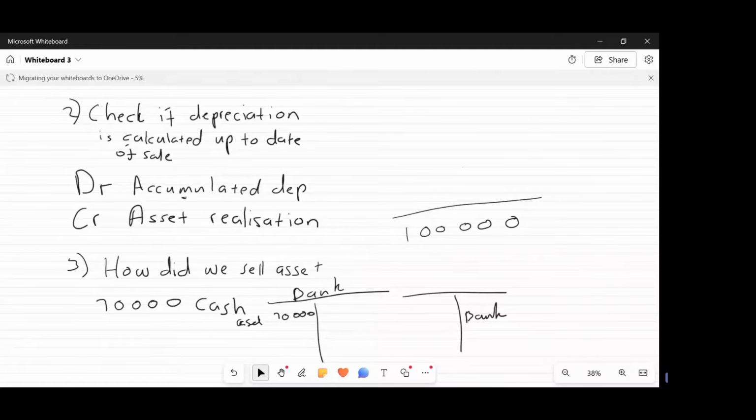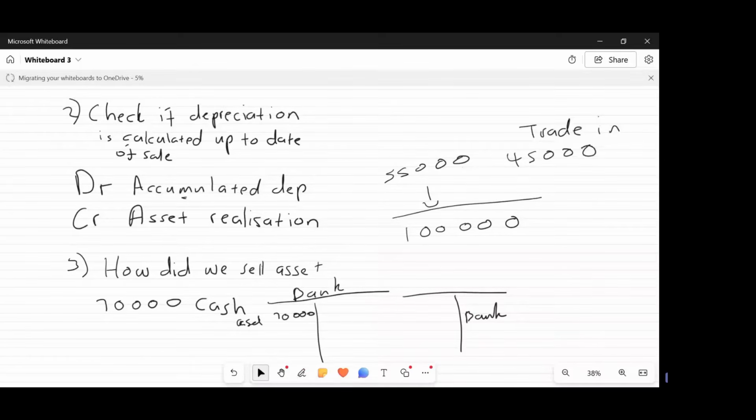So that's what they'll tell you. They'll say they did a trade-in, and for the new vehicle, we are now, for example, owing 55,000. So what you do is you say 100,000 minus 55,000, at which you get what? 45. 45, which means we sold this vehicle for 45,000, which is the trade-in. Okay.